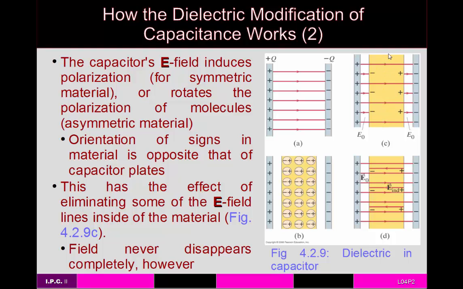So there's a weaker field here than there is here. The field doesn't ever quite disappear completely, I should add. So remember that the number of lines per unit area gives the electric field strength. By removing some of the lines inside of this, we've effectively stated that we are weakening the electric field here.